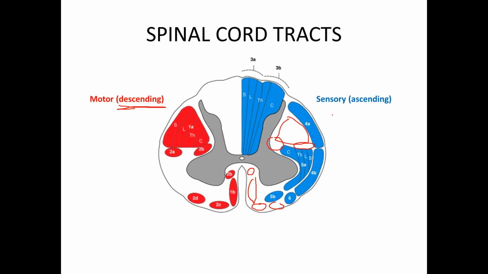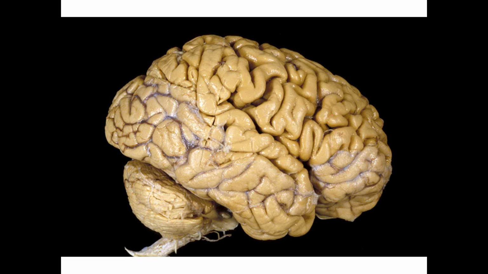Now let's move on and have a look at the biggest lump, and perhaps the most important lump of nervous tissue that we have in the body, the brain. Okay? Now, one of the things that you will note about the brain is its characteristic structure. You'll notice that it has these many folds, and they're called gyri.